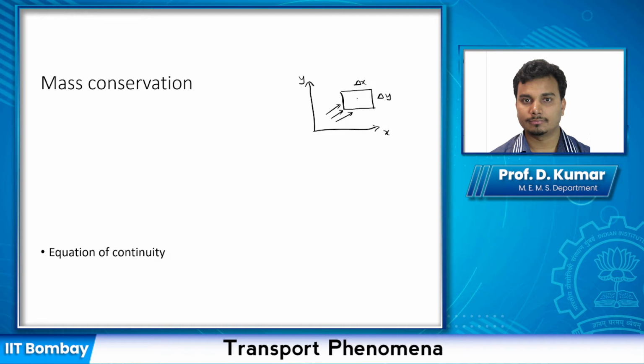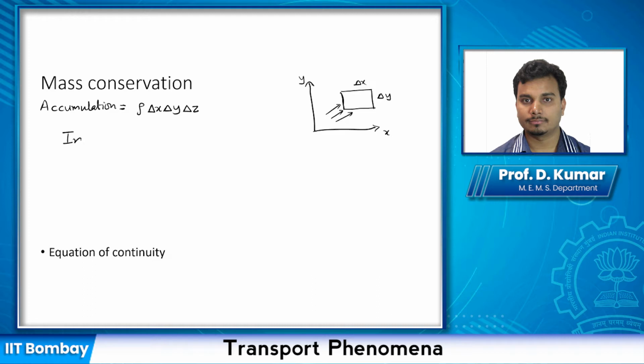In this control area, the accumulation term should be some mass that is in there. So it should be rho delta x delta y, and if I extrapolate this to 3D, you write delta z, or otherwise if you want 2D, you multiply by 1. So this is your accumulation term.